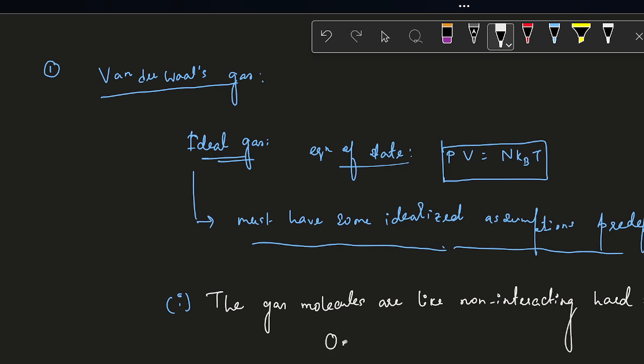So the only interaction is between gas molecules and the walls of the container.